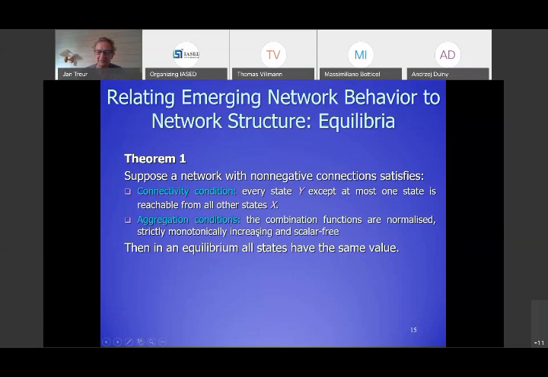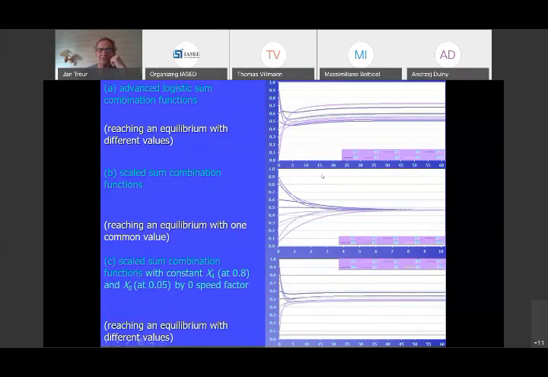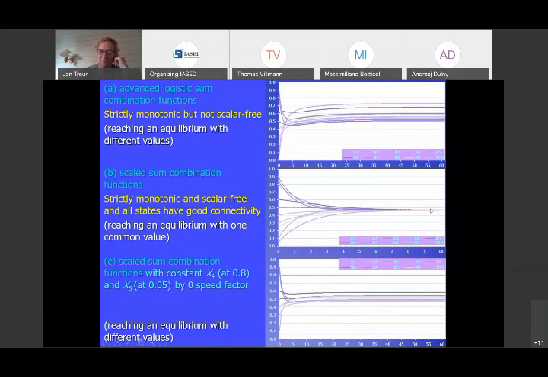So that gives us the possibility to understand from this analysis why these behaviors are different. This one is strictly monotonic, but it's not scalar free. Therefore, there is no joint outcome here. These are strictly monotonic and scalar free, so all values become one in the end.